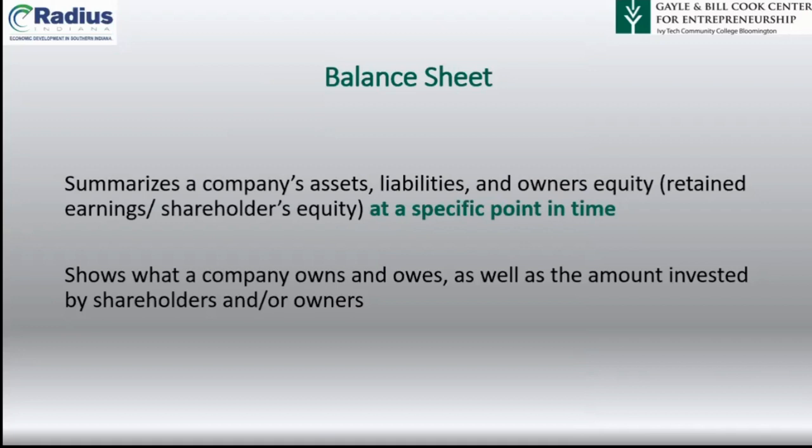Now, let me pause a second to define owner's equity. Again, it depends on the type of business. Owner's equity, retained earnings, and shareholders' equity are all referring to the same equity that's going into a business. It depends on the legal structure and the type of business as to how that's actually referred to.